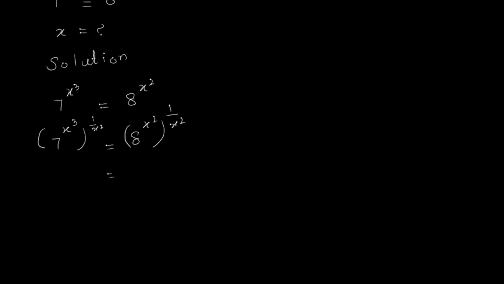Here we will apply a power rule, a very common power rule: if a power m, whole power n, then we can write a power m into n is equal to a power n, whole power n.